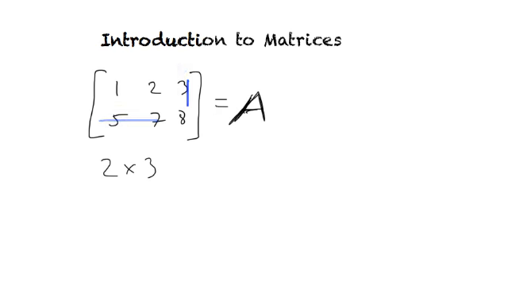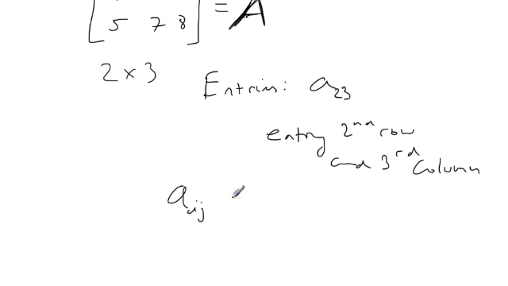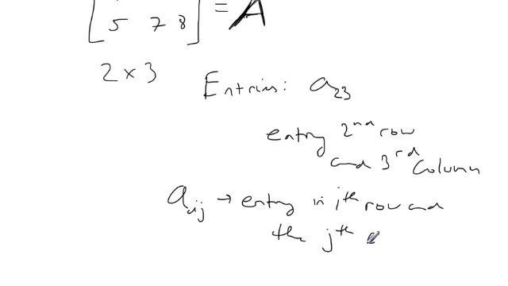If we call the entries A, they're all A sub something. We say something like a sub 2,3, and that refers to the entry in the second row and third column. In general, a sub ij is the entry in the ith row and the jth column.